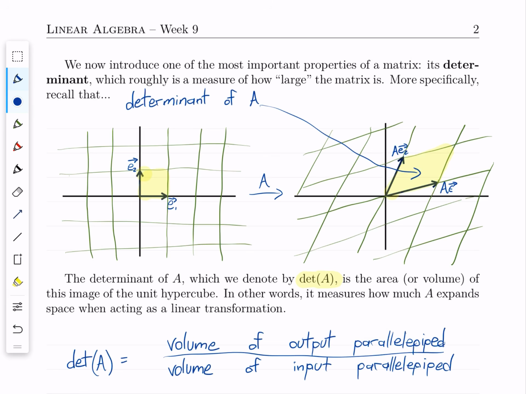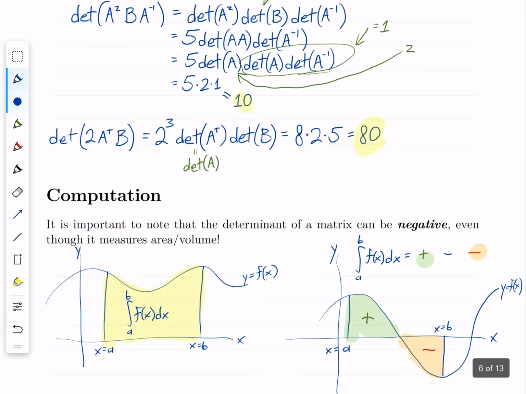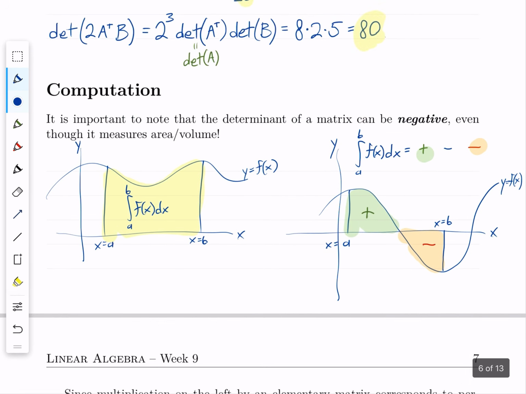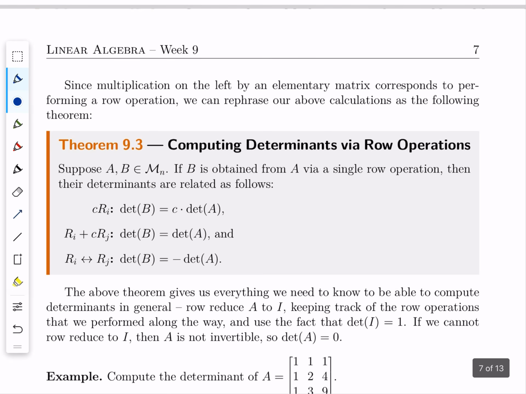You can think of it as, that matrix not only stretched and skewed things a bit, but it also reflected space, reversing the orientation, okay? So in that case, the determinant would be negative. All right, so determinants can be negative is the short version of that, and there's nothing wrong with that, okay? It just keeps track of whether or not space was reflected as the matrix was applied.